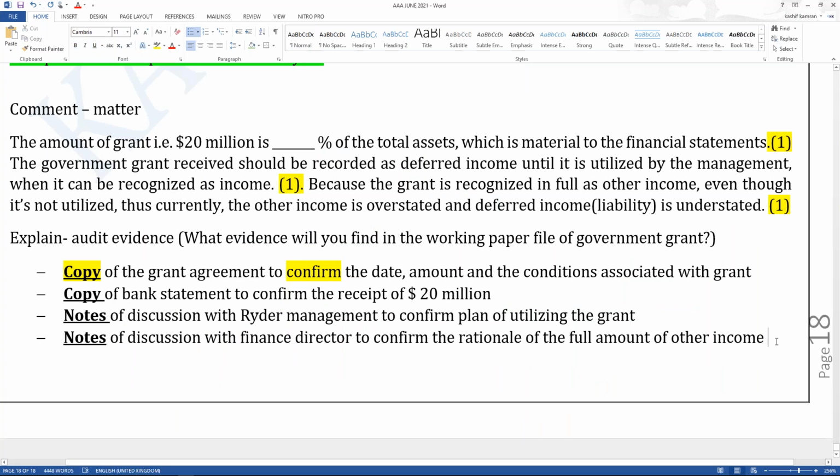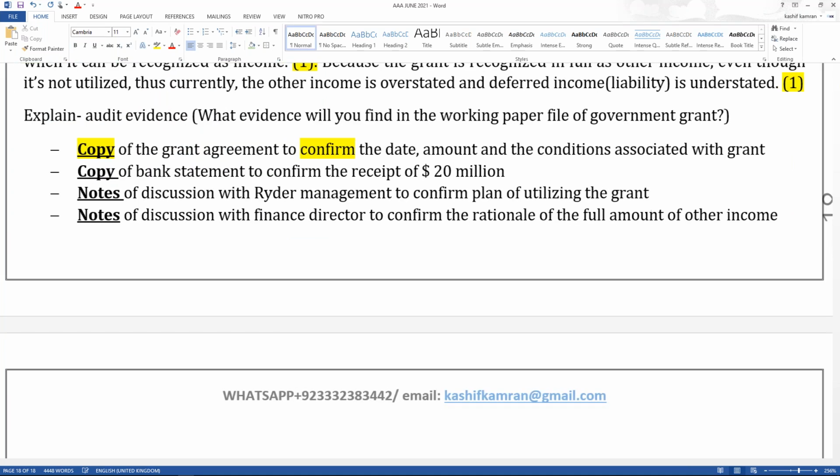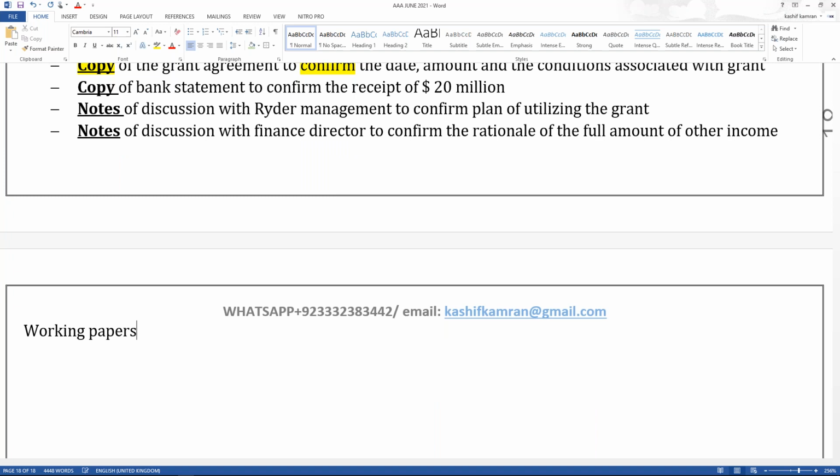So do you all agree that all this is evidence? Working papers. Do you agree a copy of a management document is a working paper in the exam? Notes of discussion is a working paper in the exam paper?